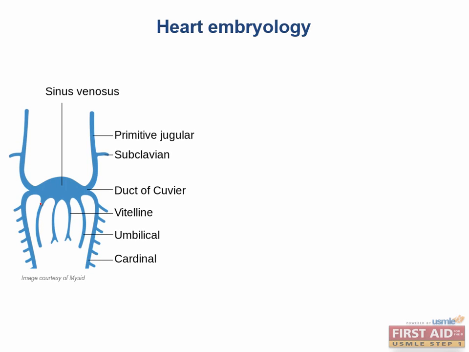What about some of the venous embryology? This image represents the primitive veins in embryological development. To orient ourselves, let's remember that the sinus venosus becomes part of the right atrium. Its remnant is called the sinus venarum.